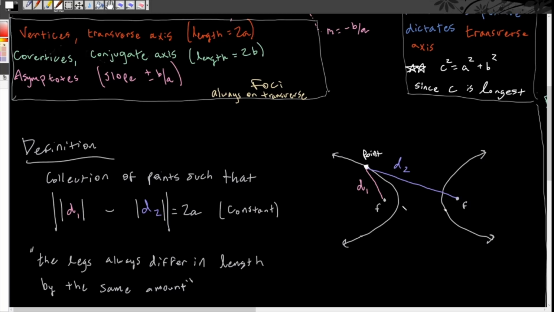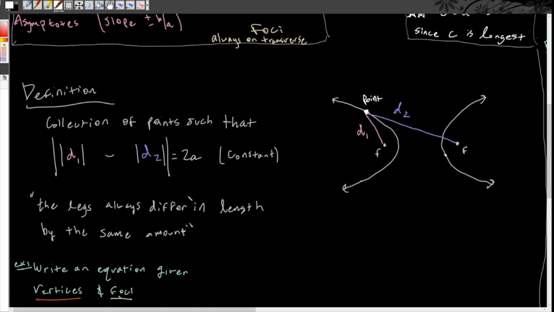Or here, even, to focus 1 and focus 2, those legs differ by the same amount. So you convert each distance into a length, find the difference. So this is the difference between the magnitudes.